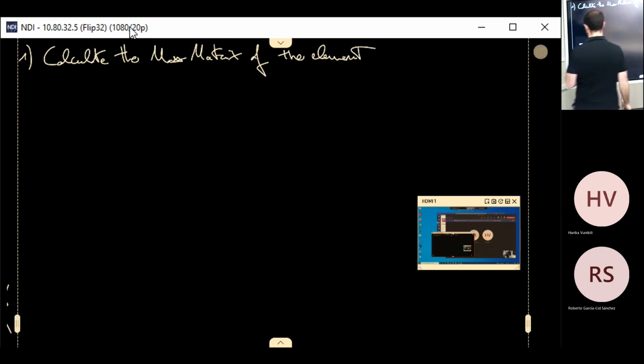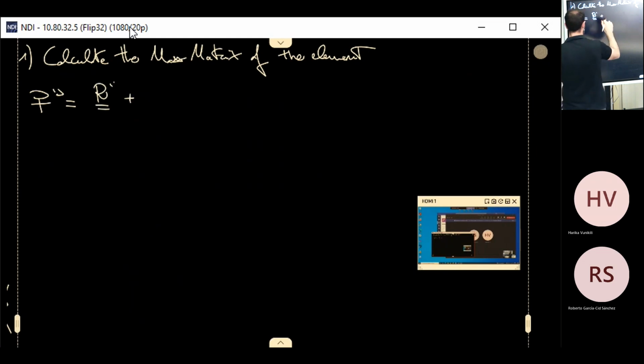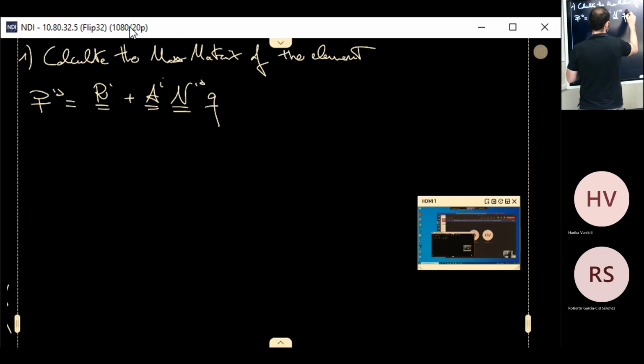So we know that the position, again, is r_ij equals I plus A I N_ij q_e.